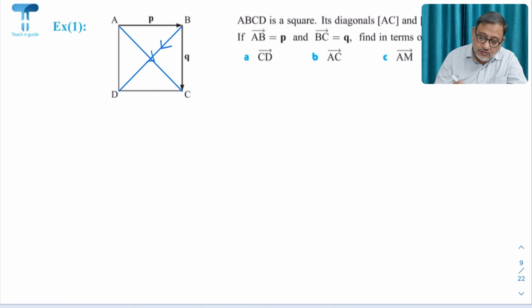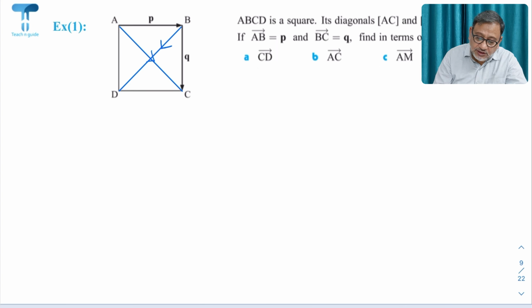So I have diagonals AC and BD intersect at M. Okay, they both intersect at M, right? So what I have to find? If AB is vector P, BC is vector Q, as they are mentioned. Find in terms of P and Q, CD. Okay, C to D.